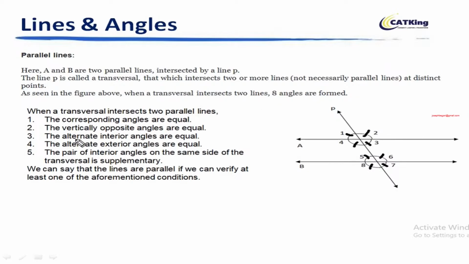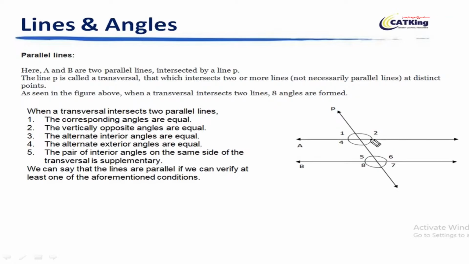Alright. The alternate interior angles are equal. The alternate interior angles are those angles which form a Z. Right? So let's see which angles form a Z. When I say Z, it can be an inverse Z as well, right?